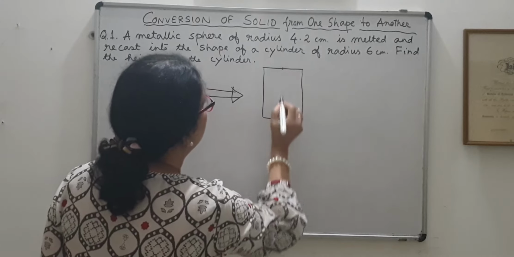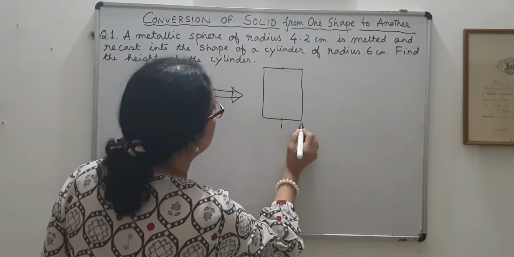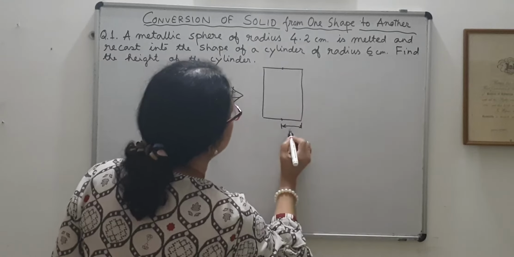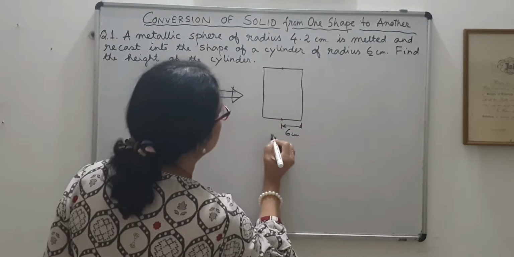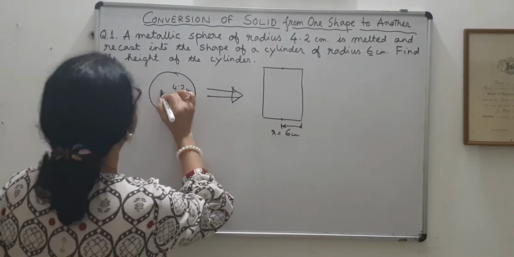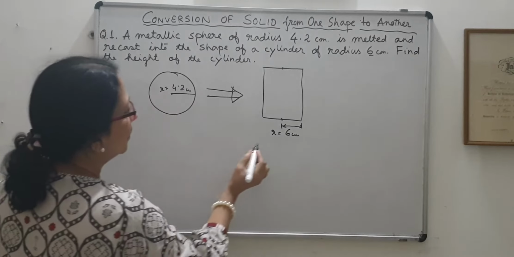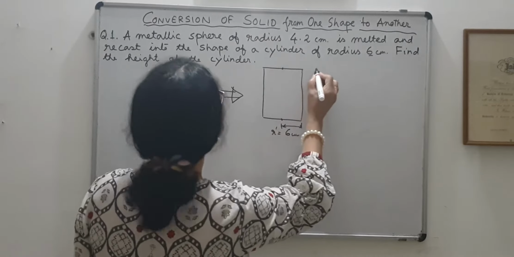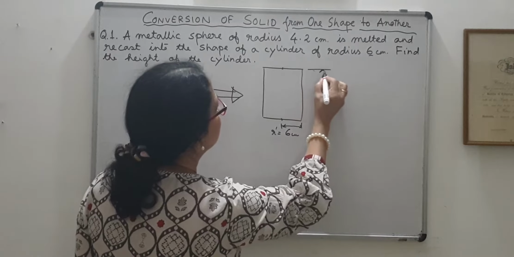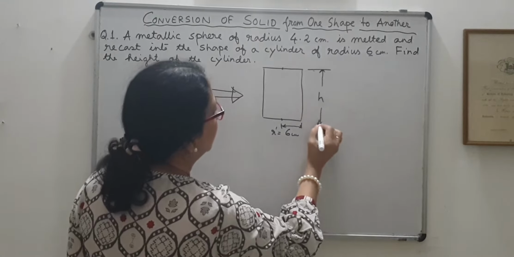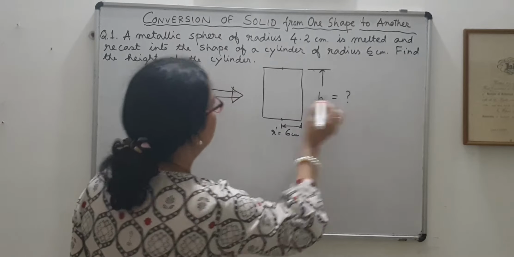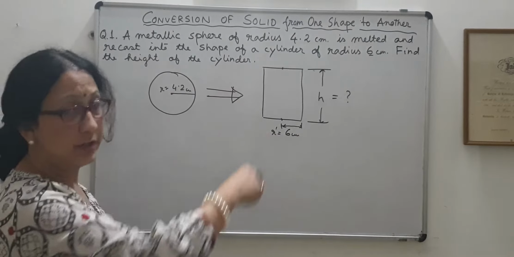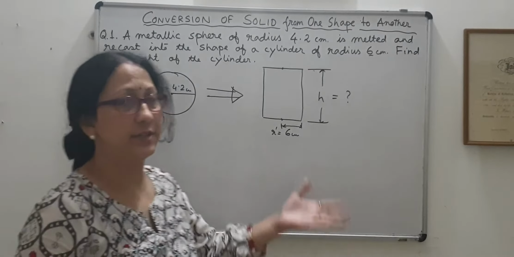The radius of the cylinder is given to be 6 centimeter. This is R, and this is also R. Let me say R dashed. And you have to find the height of the cylinder. So this is the height which we are asked to find. We define the question this way through the diagram, showing the dimensions also. That makes our work easier.